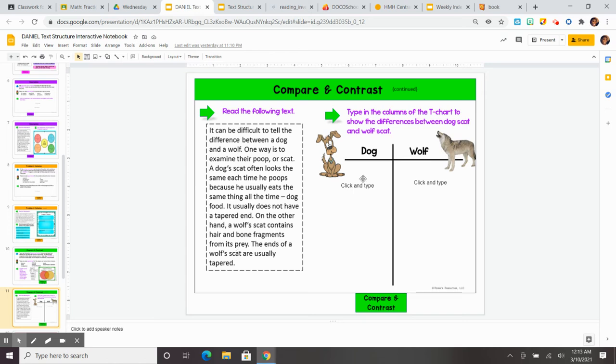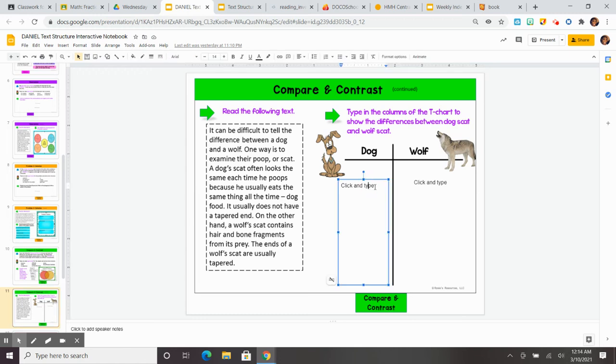So dog. Okay, so on this side we will type how a dog scat looks in comparison to a wolf scat. All right, so it says a dog scat often looks the same each time he poops because he usually eats the same thing all the time, dog food. Okay, and another difference is that it usually does not have a tapered end. So there are two things that you can list for dog scat.